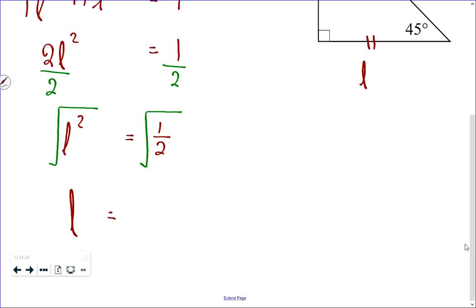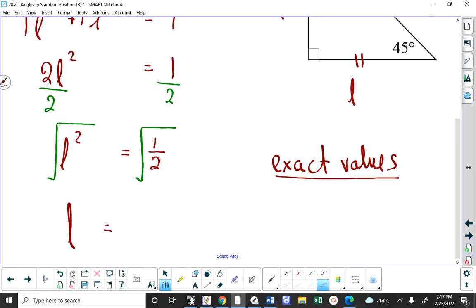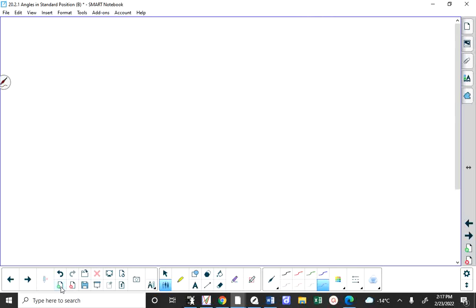Now today we are all about exact values. So I want to just pull off the road for a second and just forget about this question. And I want to ask you a question. Can somebody tell me what this is equal to?